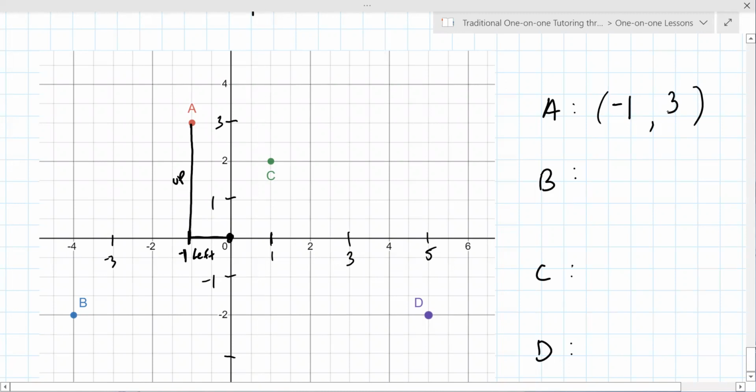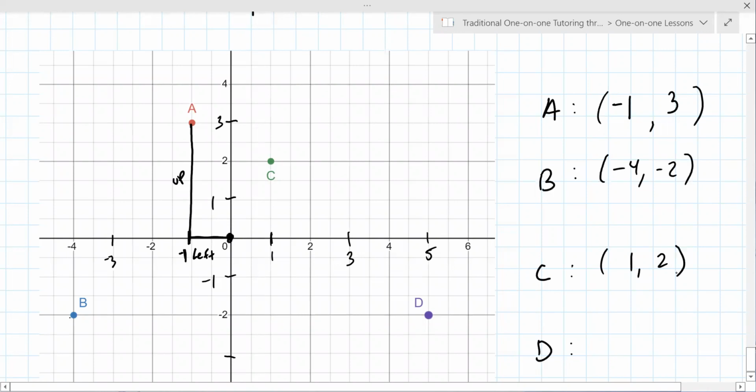Good. Here's B. You could do the same thing for B. That's -4, -2. Okay, good. How about C? C 1, 2. 1 comma 2. How about D? D -2, 5.